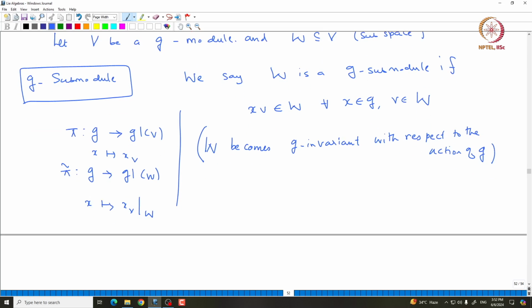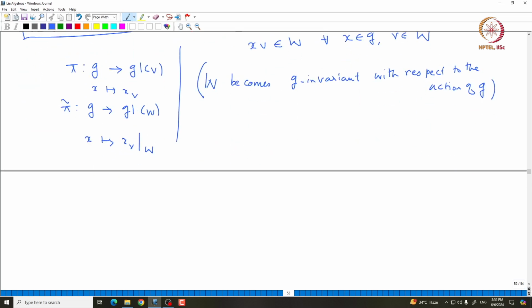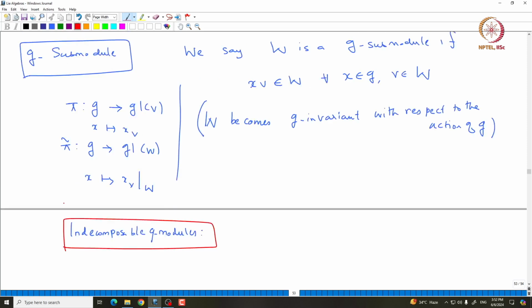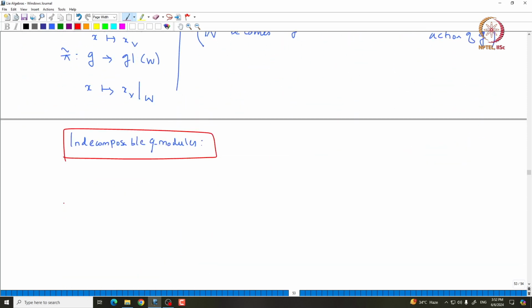Now we define what are called indecomposable modules. Here is the definition of indecomposable G modules. Let V be a given G module.